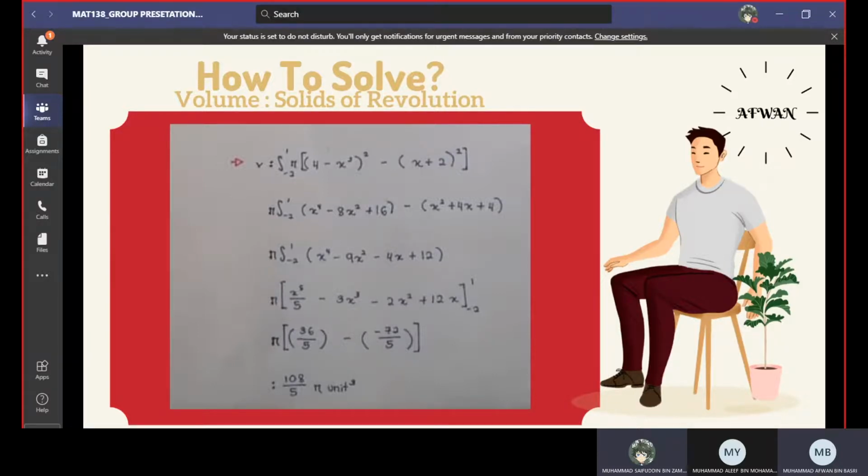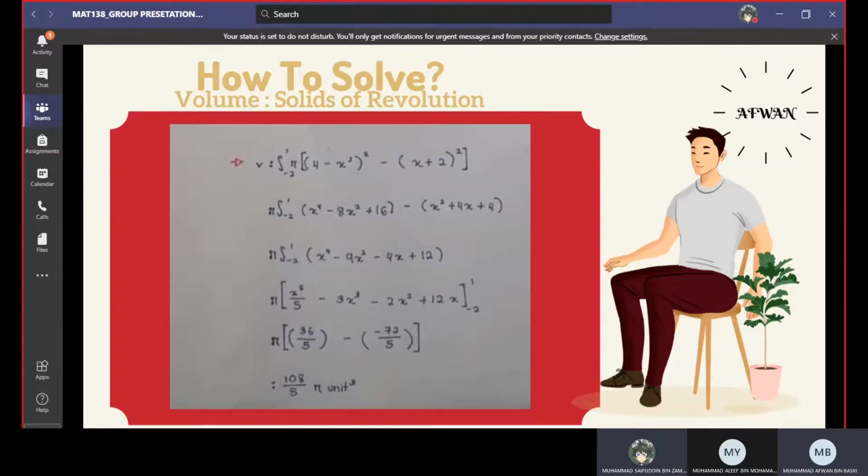And then we subtract, and we get x to the power of 4 minus 9x to the power of 2 minus 4x plus 12. Then we can integrate it. For x to the power of 4, we add 1 to the power, so we get x to the power of 5 over 5.